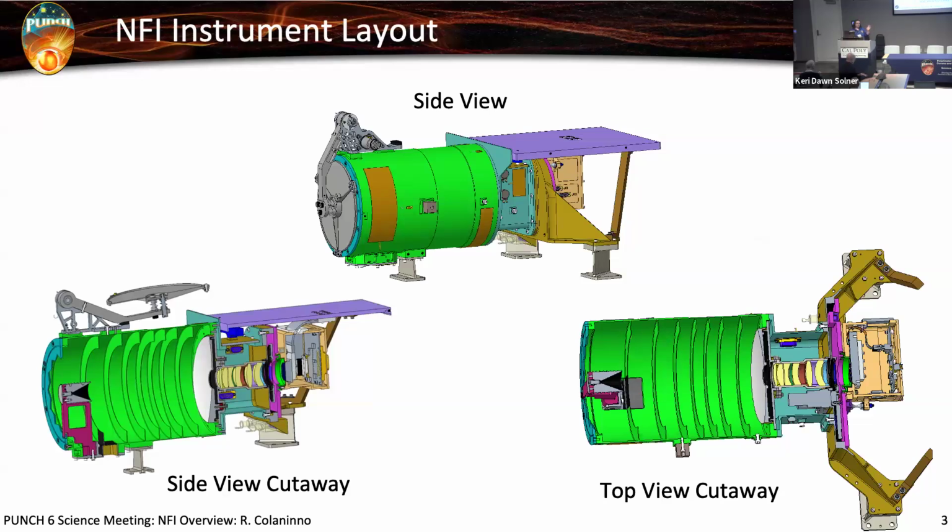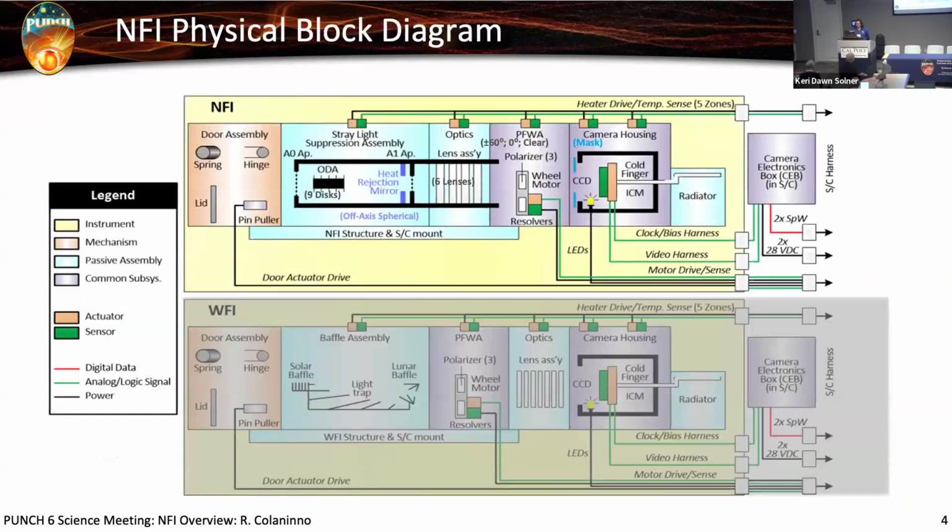The first is the green area, which is the business end of it, where we do all the stray light rejection. Then in the center, in the teal, we have the lenses. That's what we call the telescope. And at the back, underneath the large purple radiator, we have the camera. So those are pretty much the three parts of the NFI telescope.